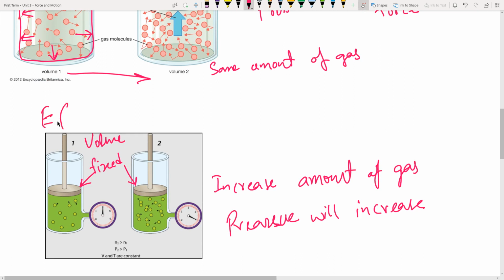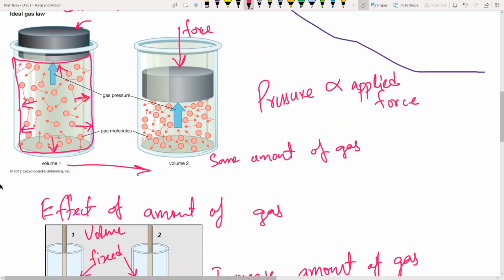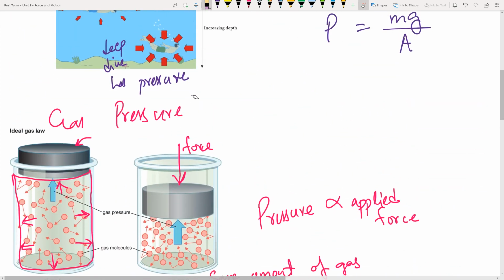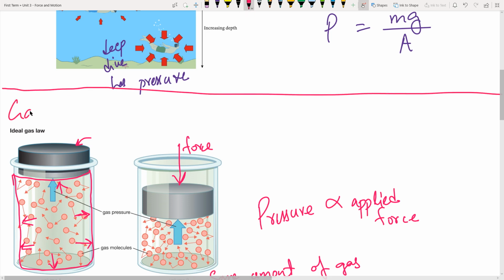This I will name as effect of amount of gas. Let me just draw a line, and let me erase this. Since this is gas pressure, sorry, gas, my bad, I write too fast.